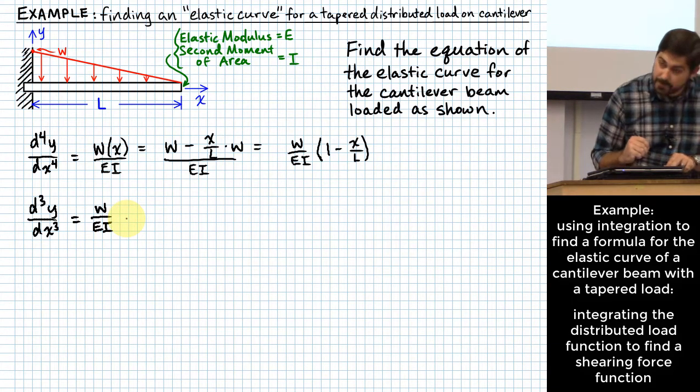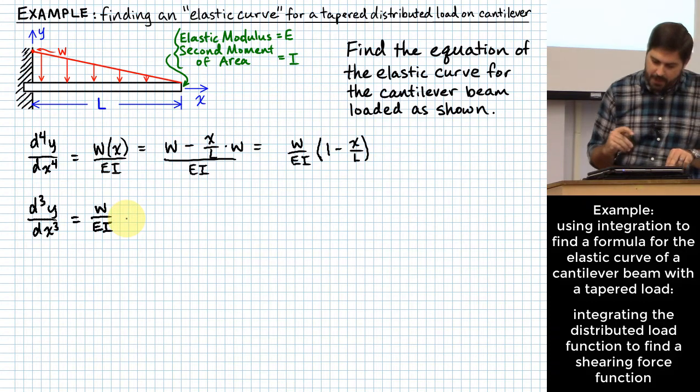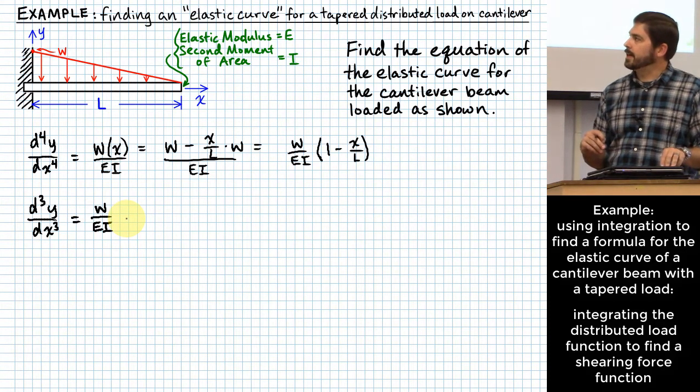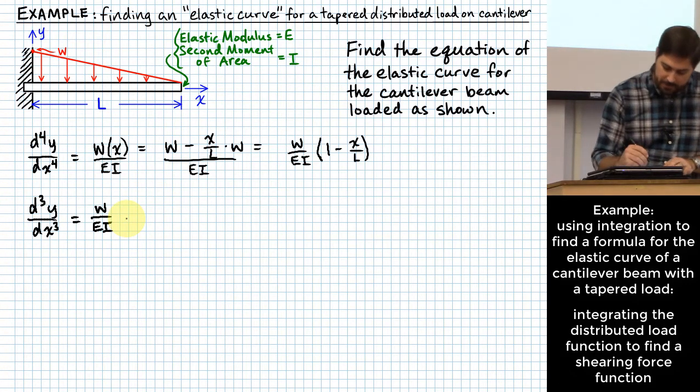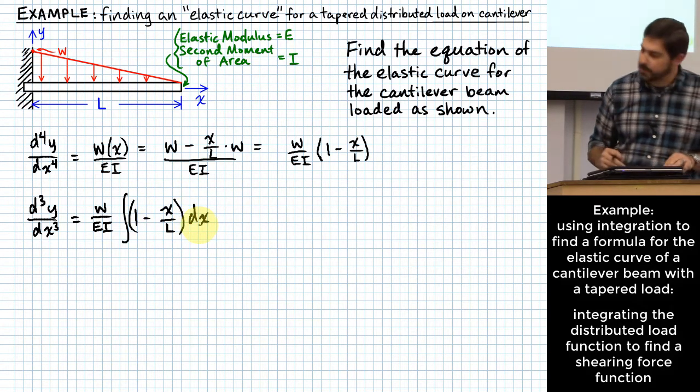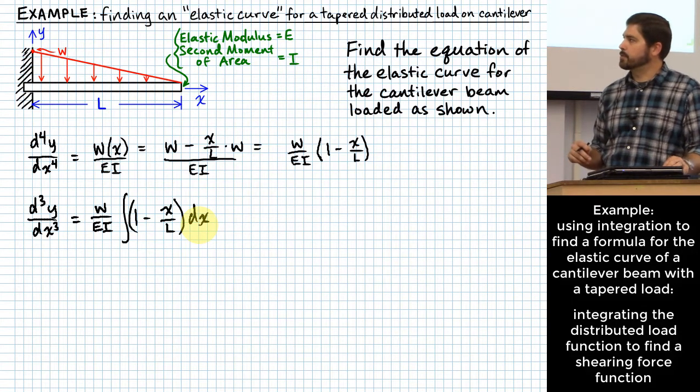L is constant, but I've got it incorporated in there with my little L value. I'm just going to do the integral of 1 minus x over L. We're going to be taking the antiderivative with respect to x.